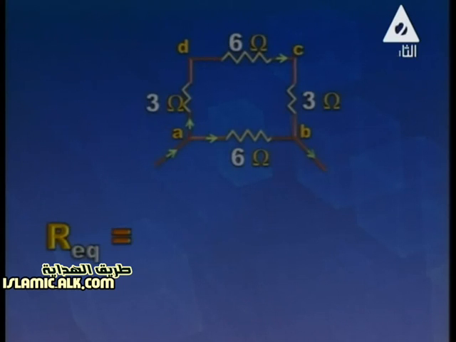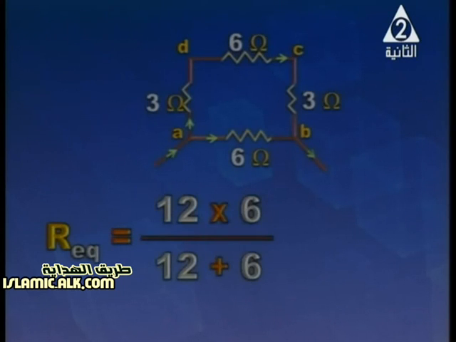So R equivalent is equal to 12 times 6 over 12 plus 6. Let me remind you: the resistors 3 ohm, 6 ohm and 3 ohm all form just one resistance of 12 ohm connected in parallel to the 6 ohm resistor. So it is 12 times 6 over 12 plus 6, it is 4 ohms.